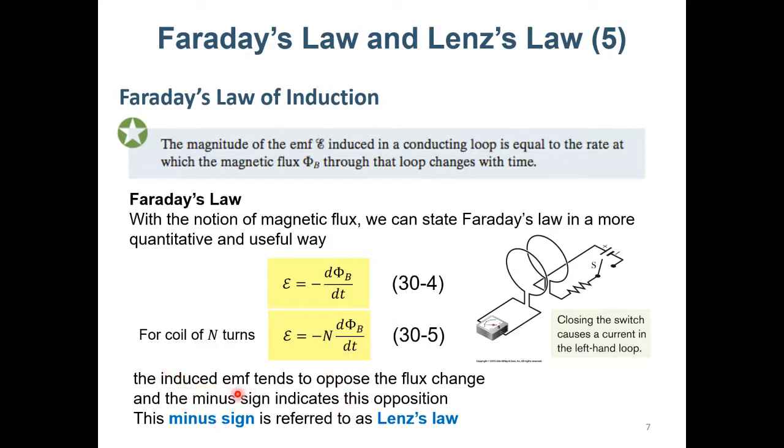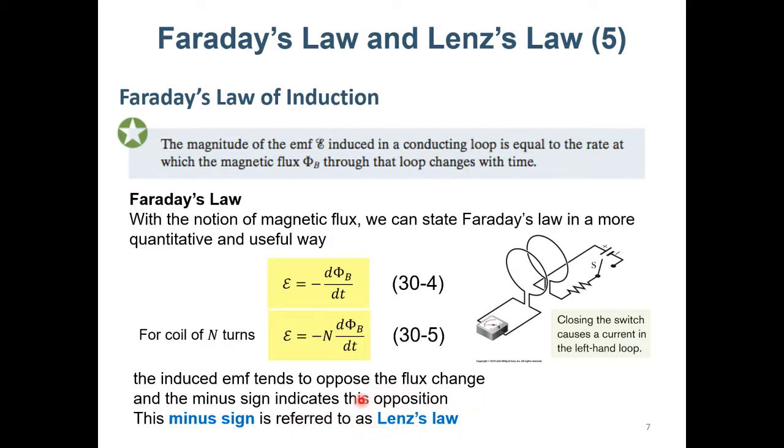The induced EMF tends to oppose the flux change, and the minus sign indicates the opposition. This minus sign is referred to as Lenz's law. So here we talk about Faraday's law and Lenz's law. The whole formula is called Faraday's law, but Lenz only tells us that there should be a minus sign, and this is called Lenz's law.